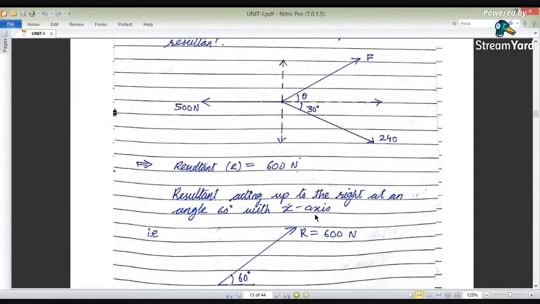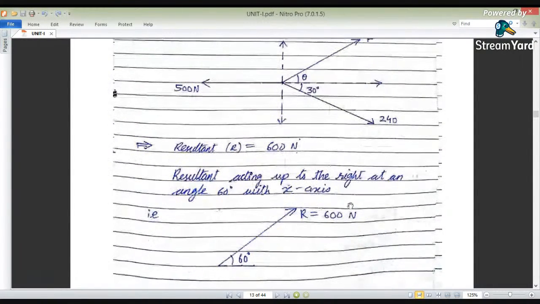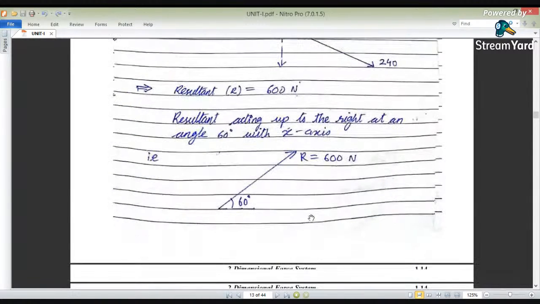The resultant acts up to the right at an angle of 60 degrees with the x-axis, and it has an intensity of 600 newtons. That means the resultant will have x and y components. Fx will be 600 cos 60, whereas Fy will be 600 sin 60.